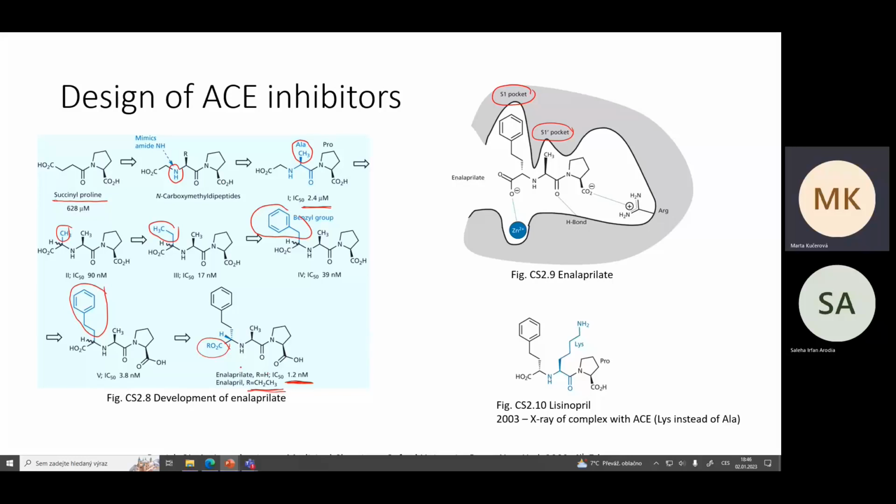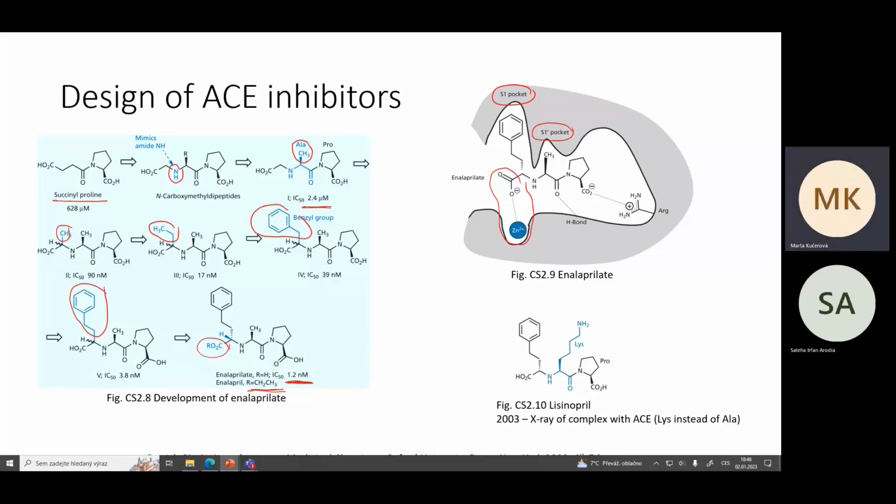So enalapril is actually a prodrug because the ester moiety needs to be cleaved first to act later in the binding site of angiotensin converting enzyme, and the free carboxylic acid is important for the interaction with the zinc ion.